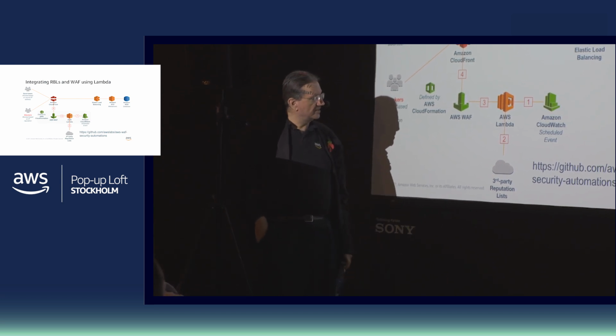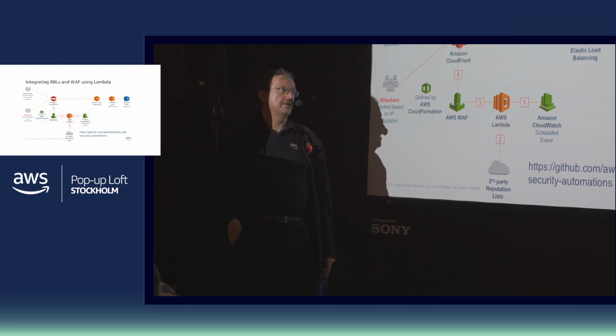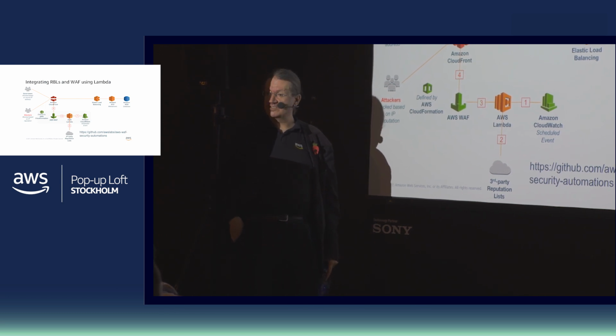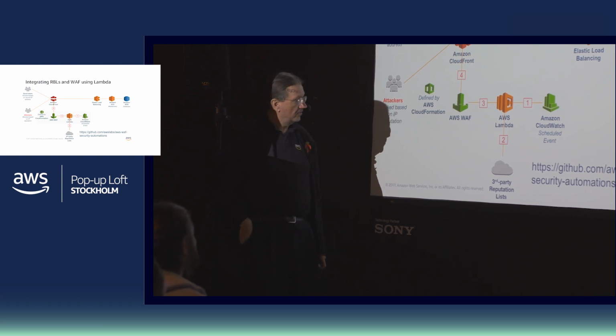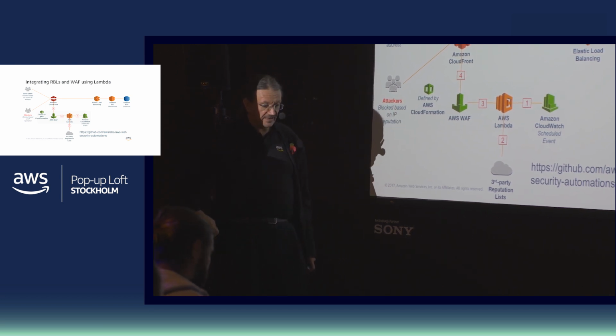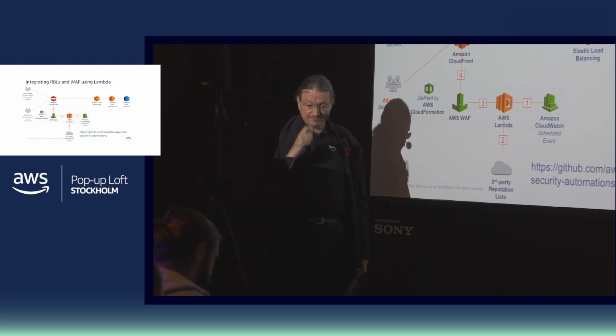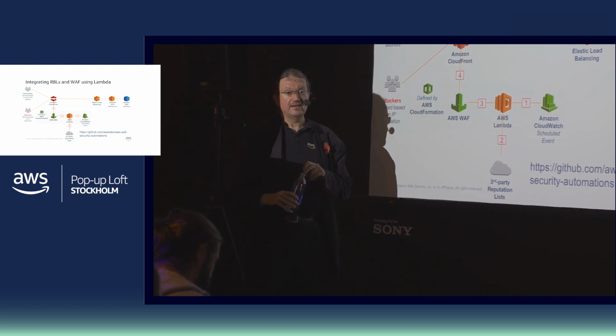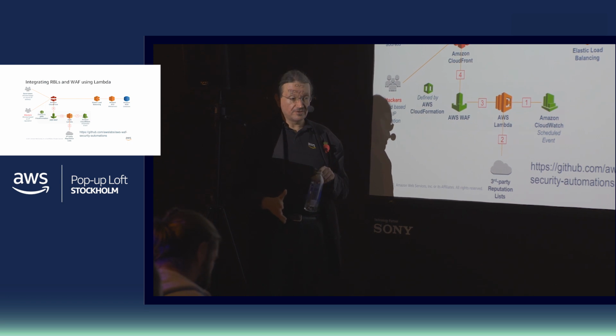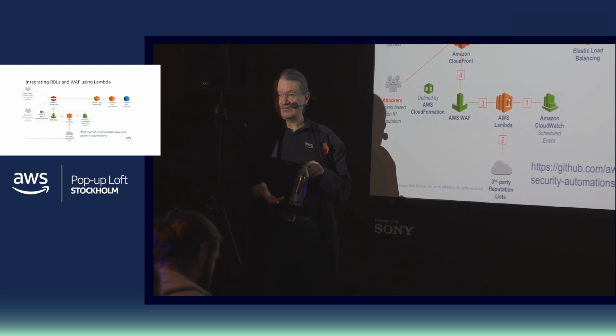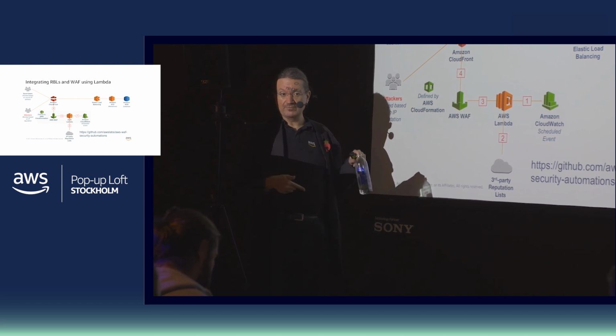This is something that I know some customers are running, say, a few times a day. I know some who are running it as frequently as every hour. A further thing that you can do, and again this is where Trend Micro come in, is they have a means whereby their Deep Security product, when it characterizes badness, can synthesize a rule for the AWS WAF and push it forward.